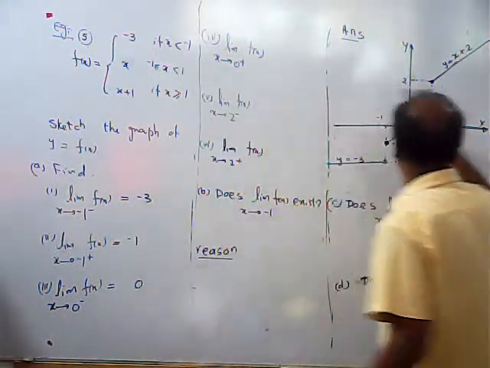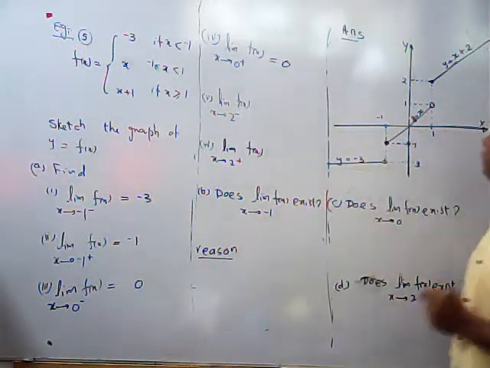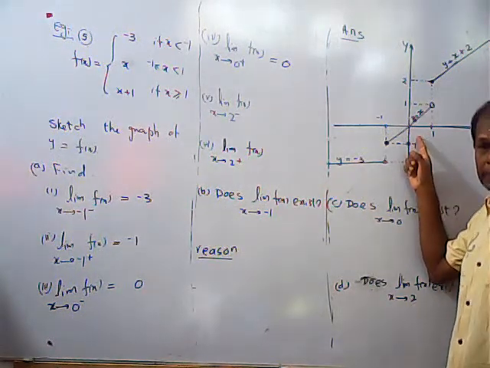Right limit at 0. It is also 0. Now, what about the left limit at 1?